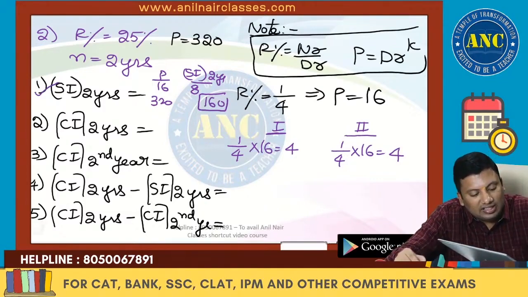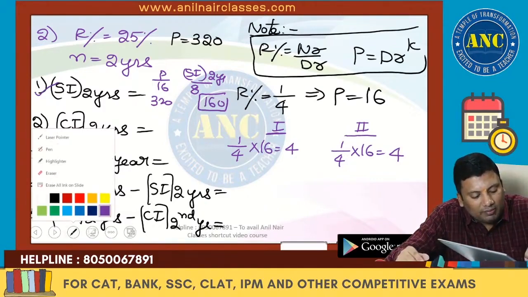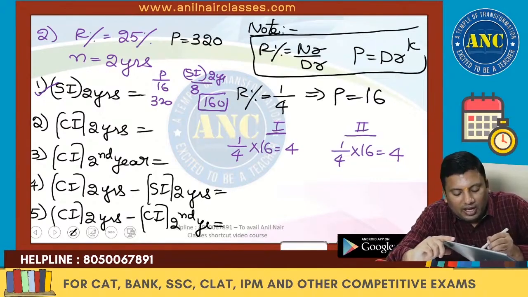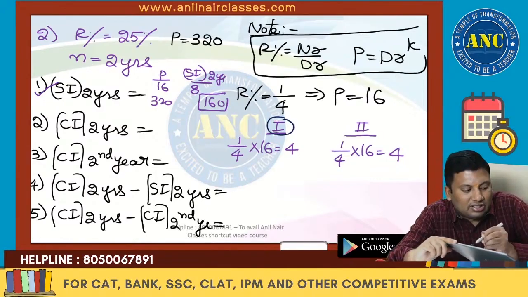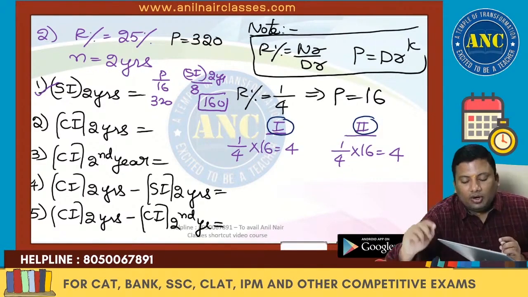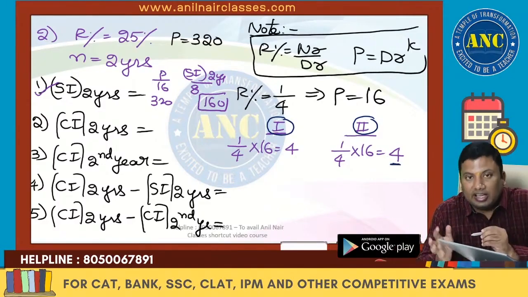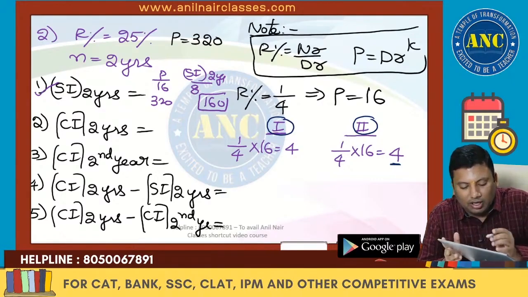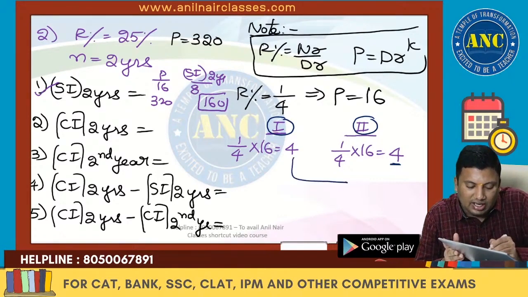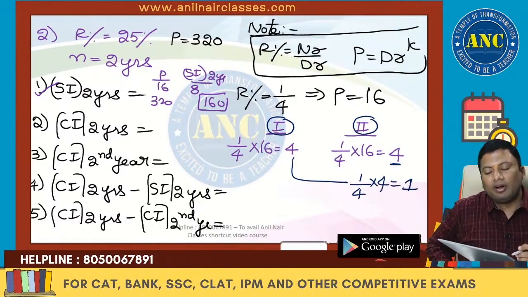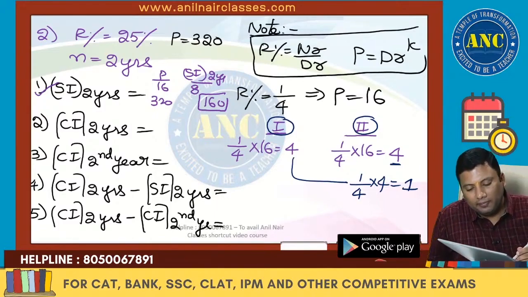Now, what is CI? CI is nothing but interest on interest plus existing interest. SI for the first year is over, SI for the second year is over. Now we are in the second year. Second year CI is SI, which is 4, plus interest on interest. 1/4 of 4 is nothing but 1.